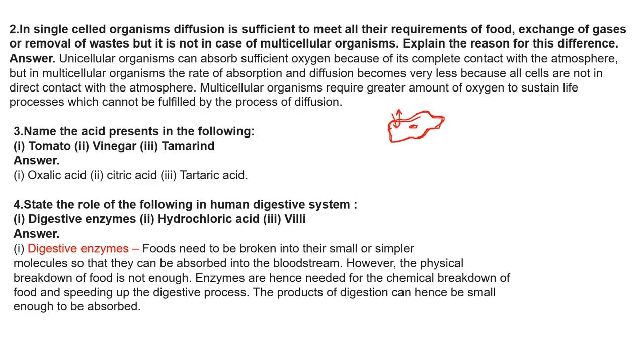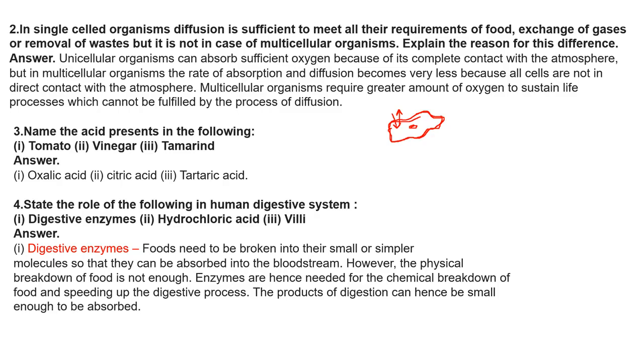Diffusion of gases takes place because the whole membrane of the body is exposed to the environment. But in the case of a multicellular organism, there are trillions of cells and they are not exposed to the environment. That is why diffusion is not sufficient for a multicellular organism.